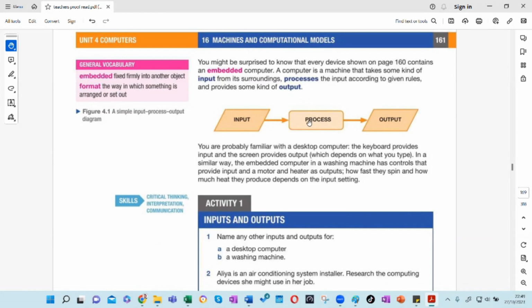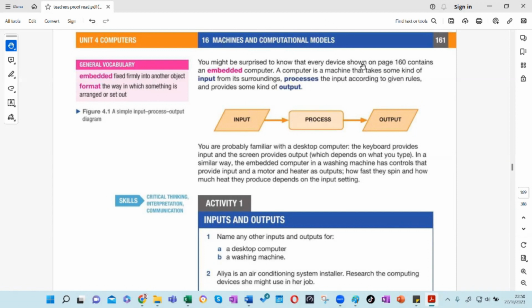Input, process, output. The order is there. What is missing here is the storage. Later on, when you learn about von Neumann architecture, you will see how the storage was added to this, so we can store the data and information and use them later on. So storage is missing here, but the basic stages are input, process, and output.